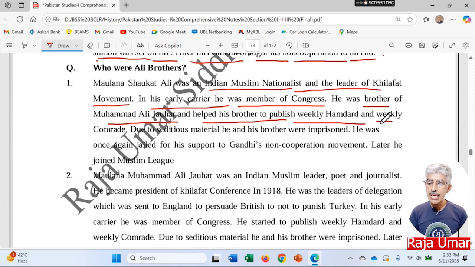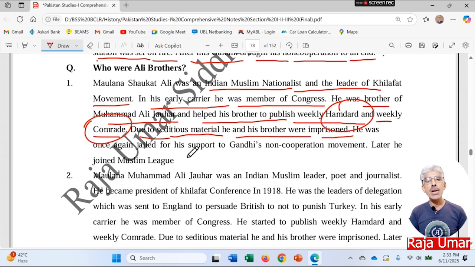Due to seditious material, he and his brother were imprisoned, because of what they were writing in these newspapers. Hamdard was in Urdu and Comrade was in English. So in these two magazines, they were writing against the British policies and against the British rule. So they were imprisoned and arrested many times.